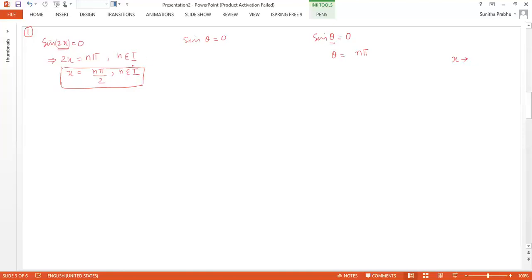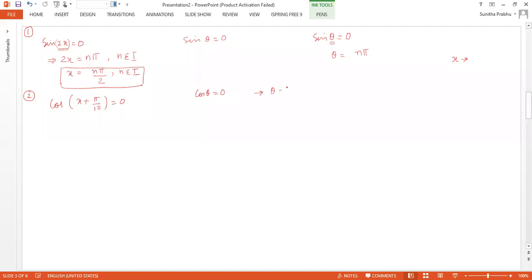Yes, sir. Right. Now, my dear friend Naina, cos of x plus pi by 10 equal to 0. Naina, what should I do? What is the generic solution for cos theta is equal to 0?